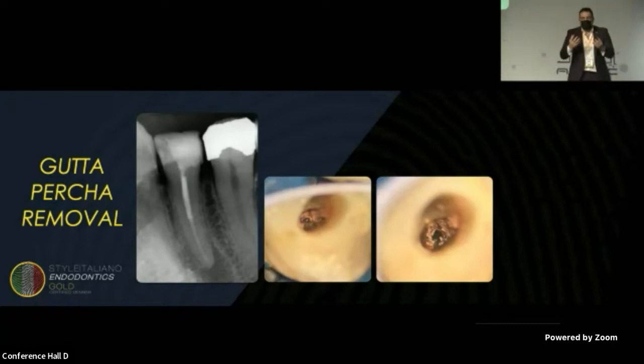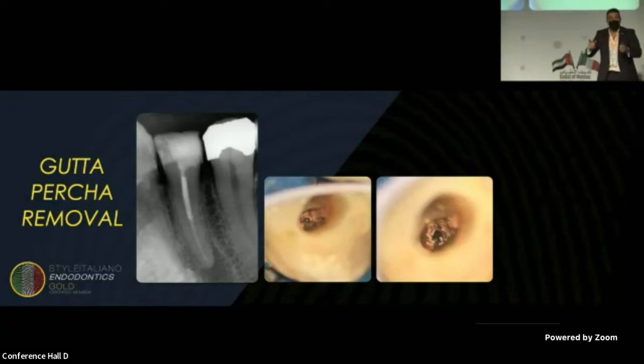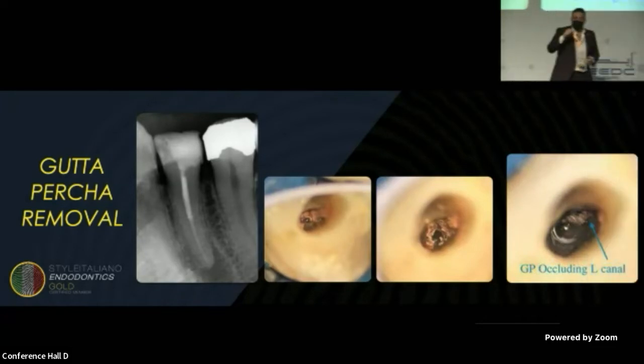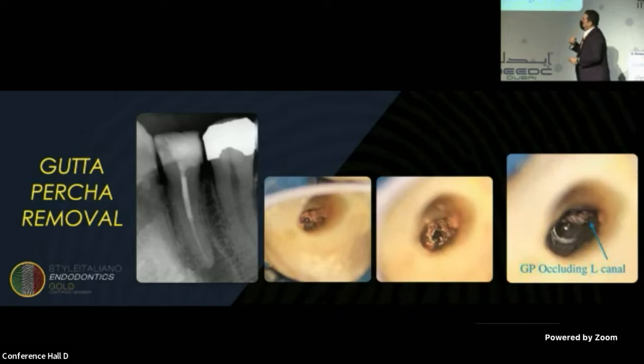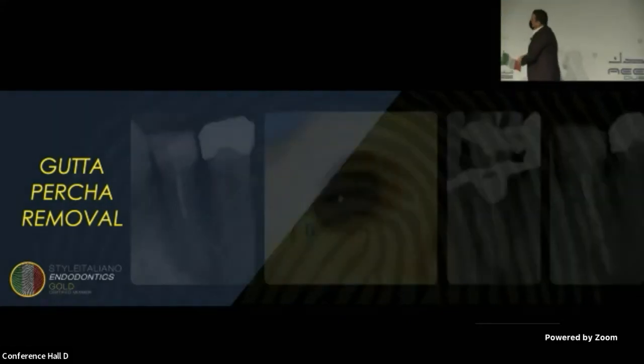But you know, you're working in a well-equipped clinic. How is this gutta-percha I was not able to remove? I will remove it, and I insist on removal. It takes time, maybe 20 minutes just to remove that piece of gutta-percha. I started to use ultrasonics to remove that piece of gutta-percha. And here was a surprise.